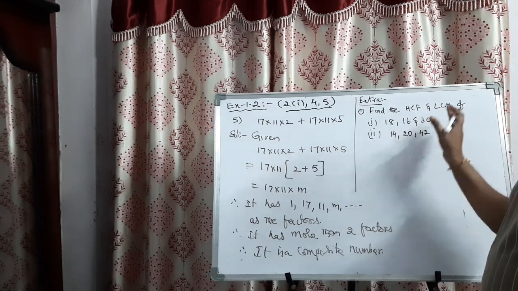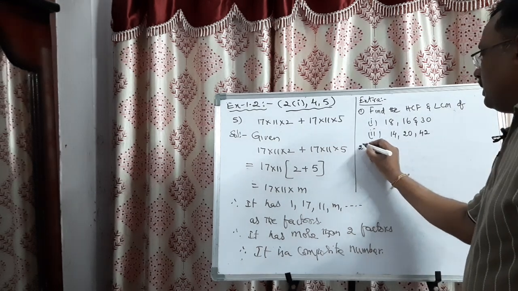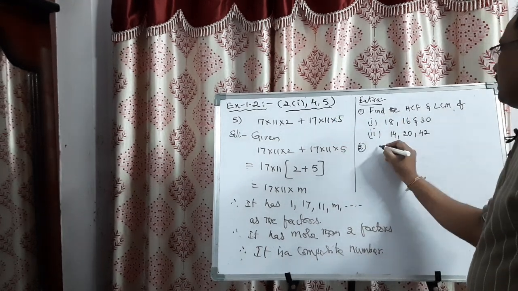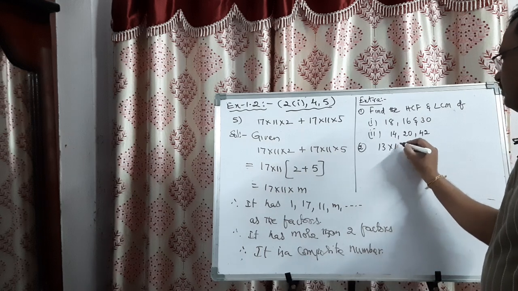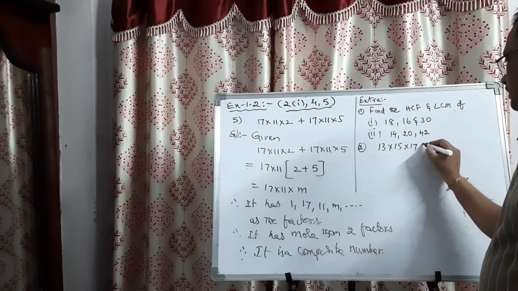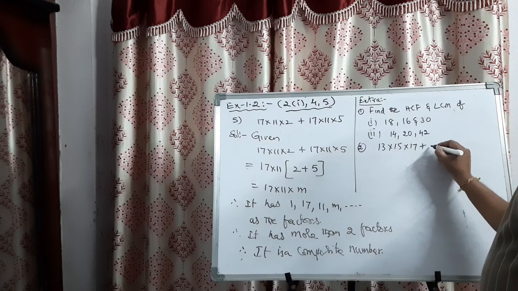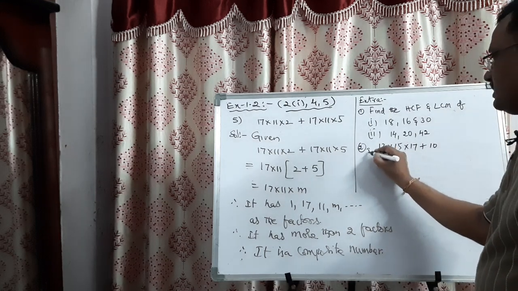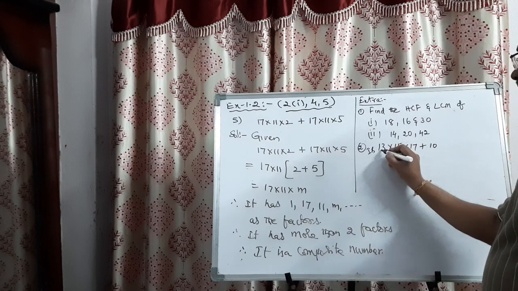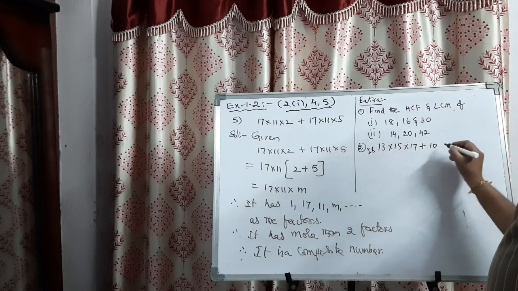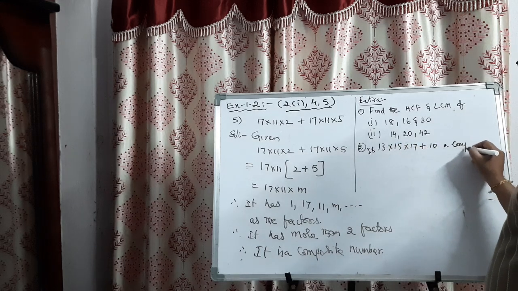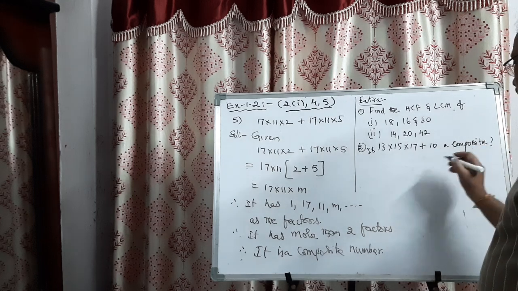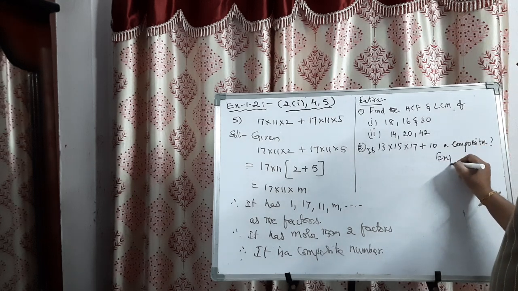Find their HCF and LCM. And one more extra problem based upon this, just observe this: 13 into 15 into 17 plus 10. Is 13 into 15 into 17 plus 10 a composite? Is it a composite? Explain.